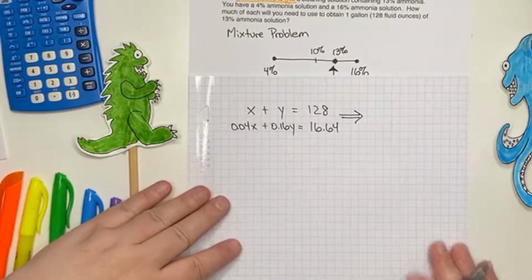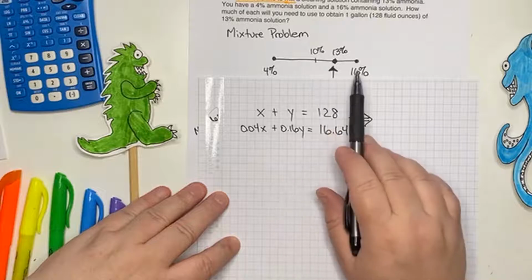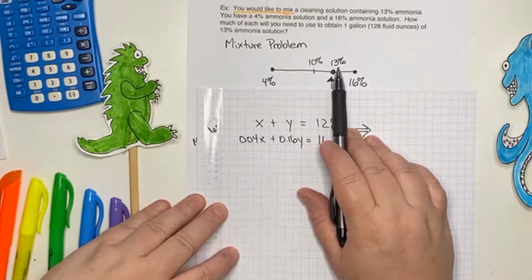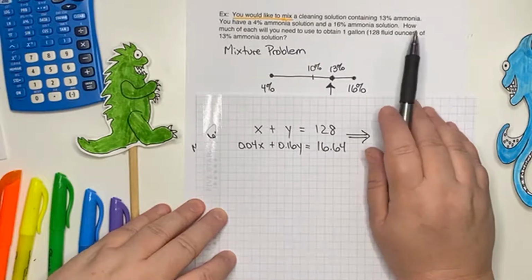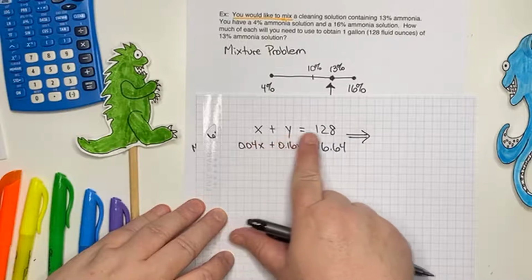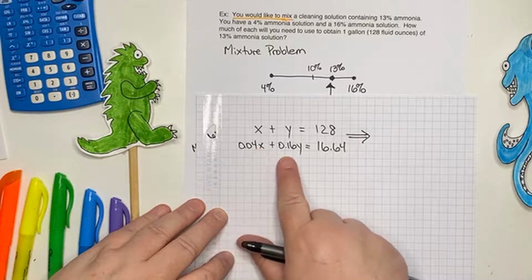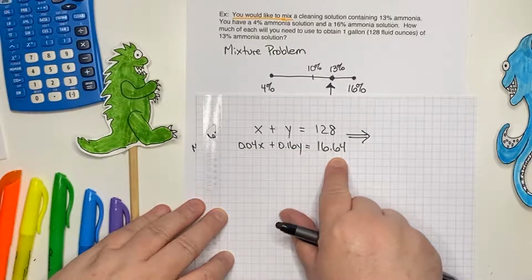Now I'm going to stop here for a second and remind you we're adding 4% to 16% to get 13%. We want to get a total of 128 fluid ounces. So looking at this information, you can kind of see how x plus y is 128 and 0.04 times x plus 0.16y equals 16.64.